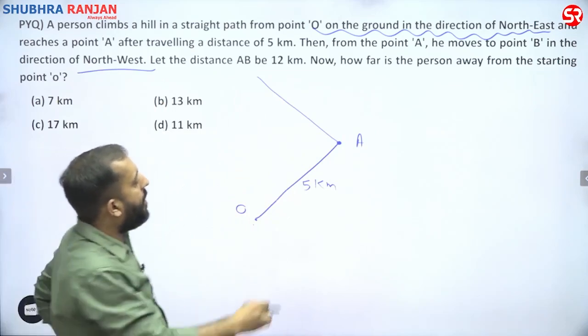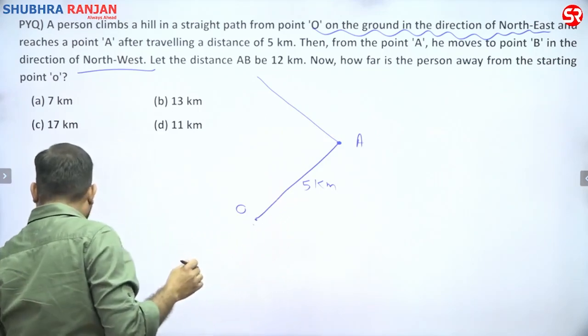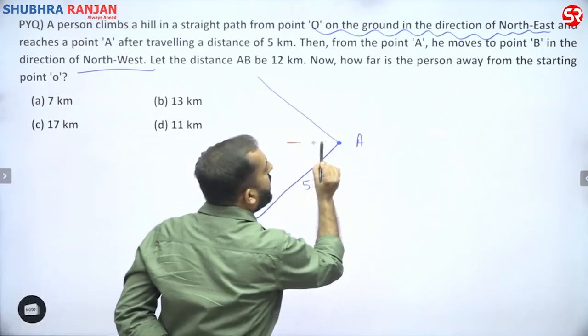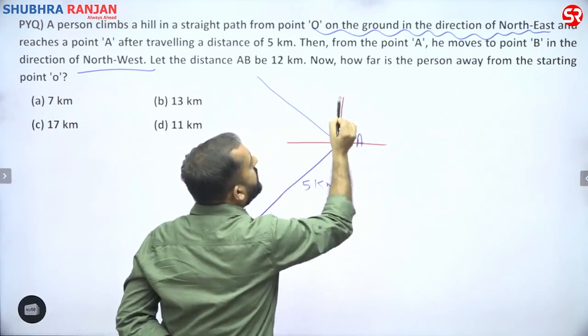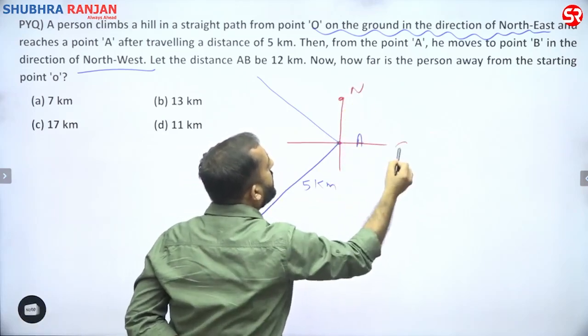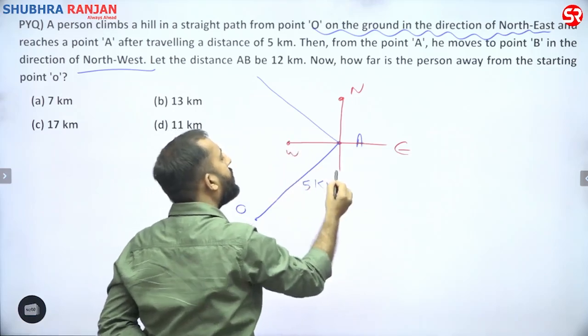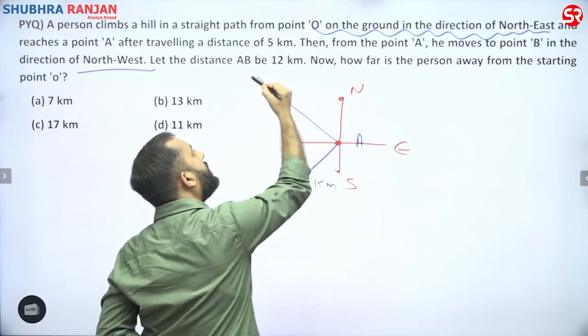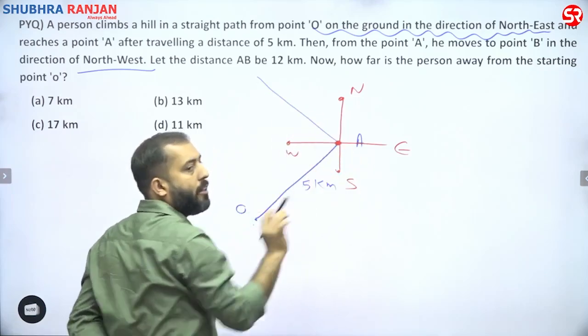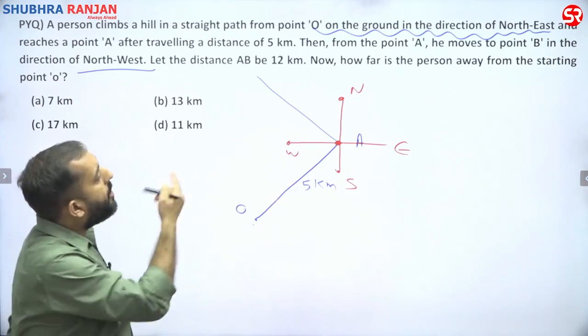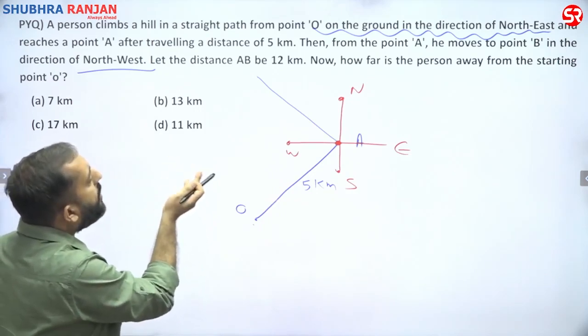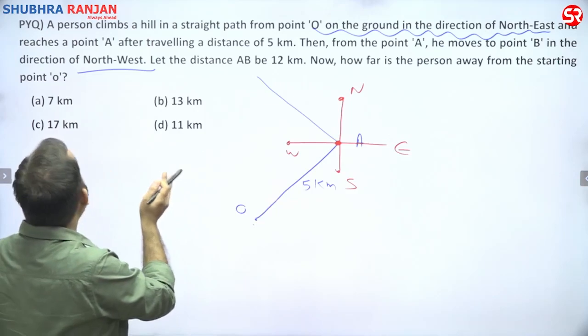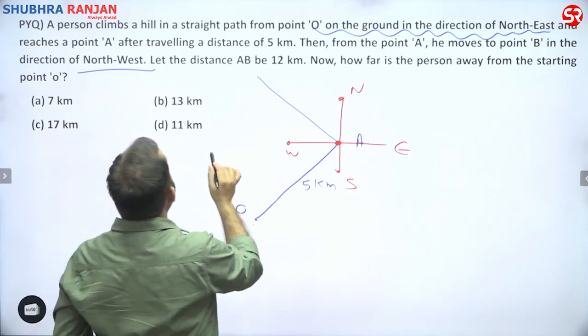This line. So from point A, this is north, this is east, this is west, this is south. So from point A, this line is northwest. Getting it? Now he moves to point B in the direction of northwest.